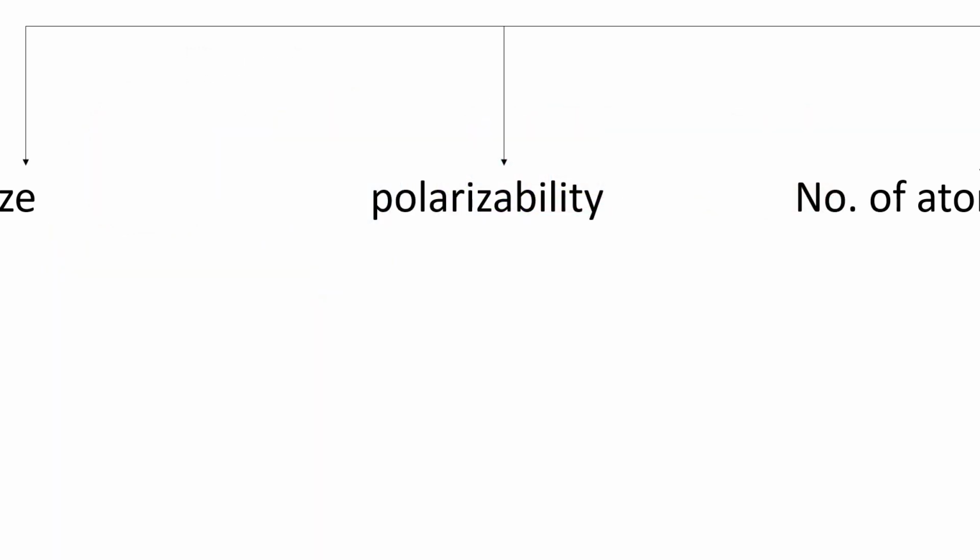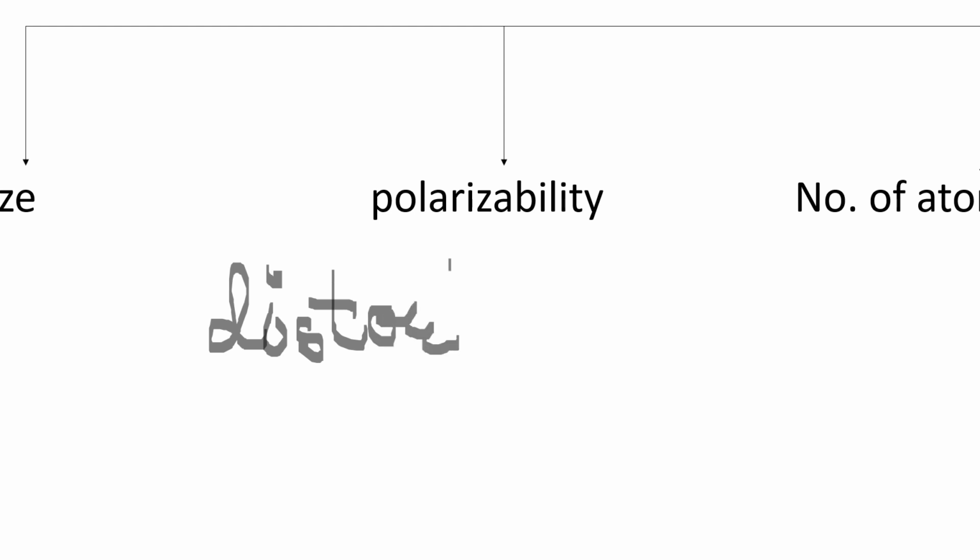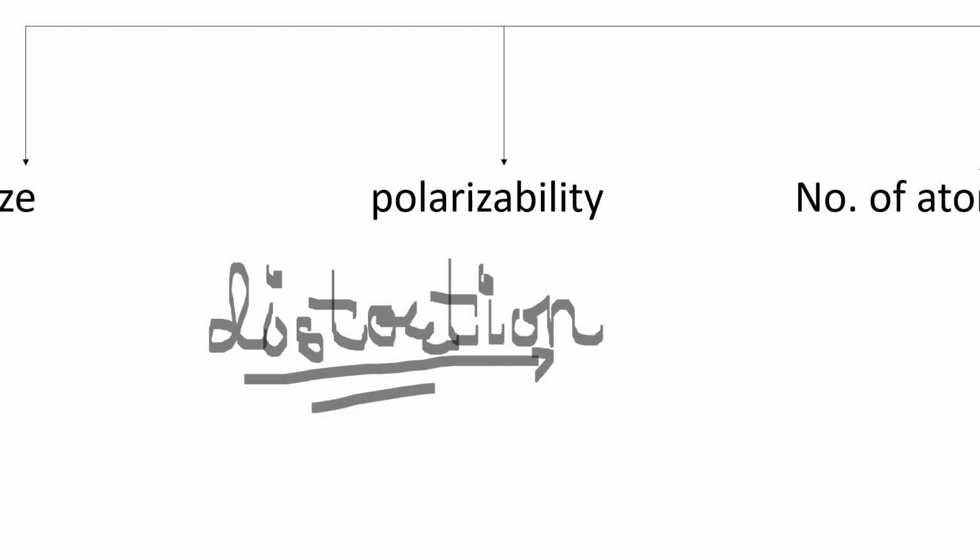Now here another word, distortion, is being used. Distortion basically means deformation. When an atom deforms, that means there is distortion.